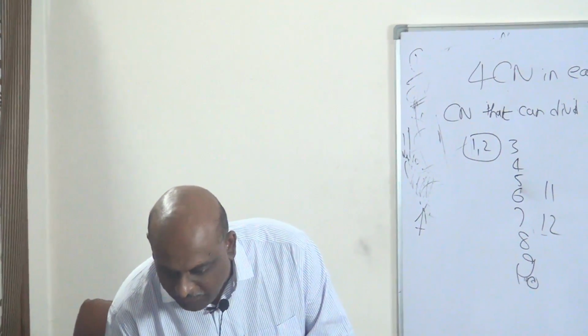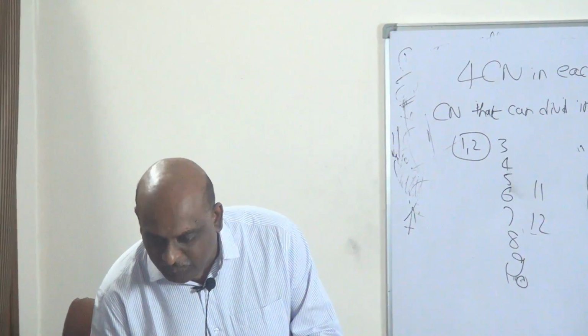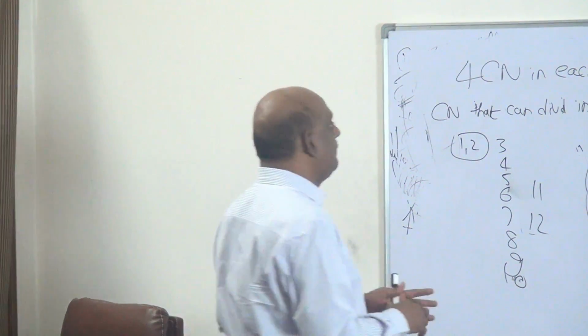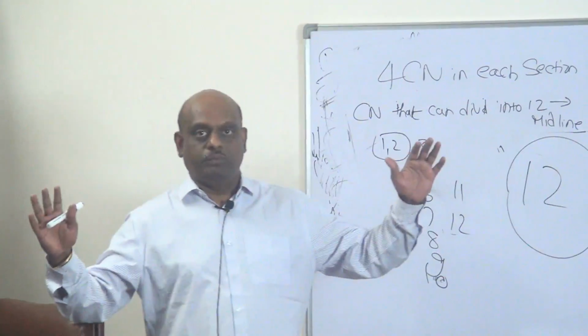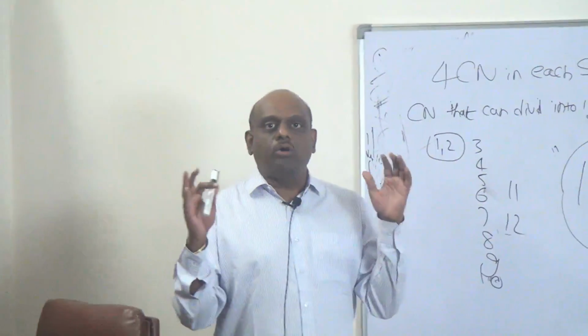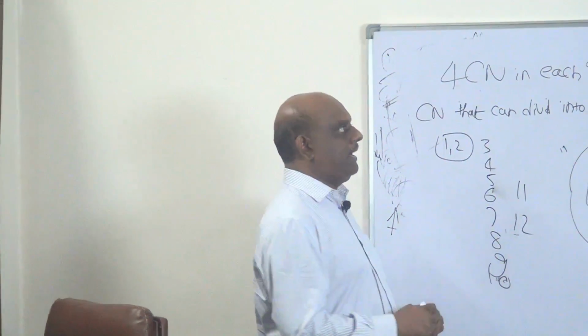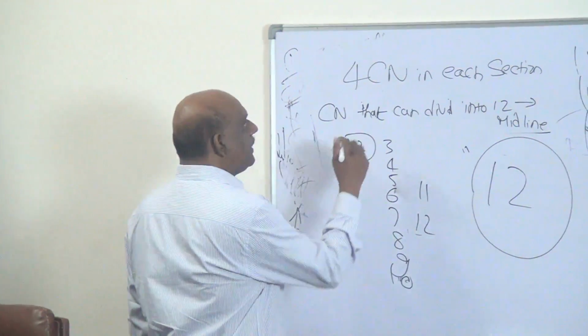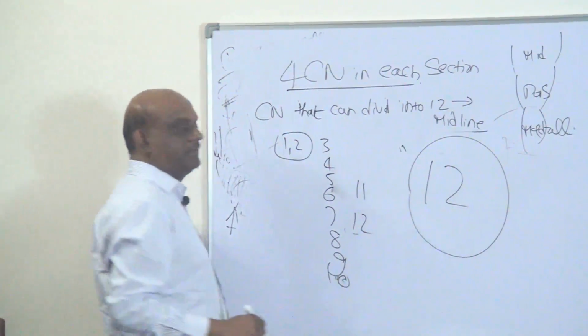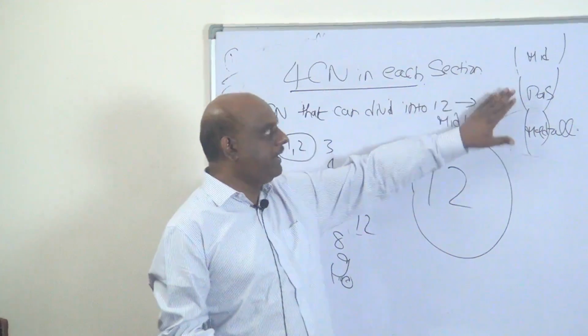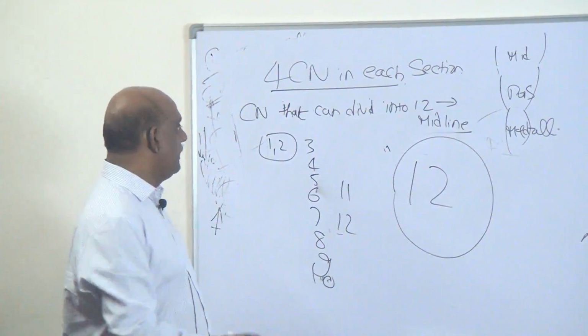Can you please punch whether the voice is loud and clear? Yes. Now, what is the rule of 4 that you need to remember? There are 4 cranial nerves in each section. You have midbrain, pons and medulla.